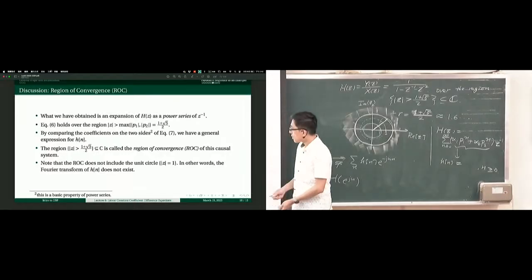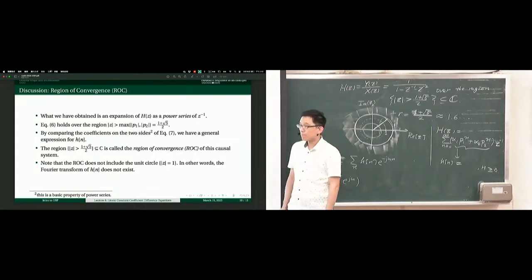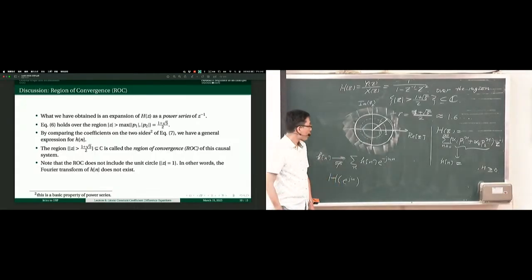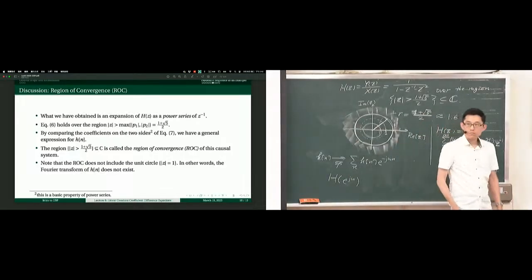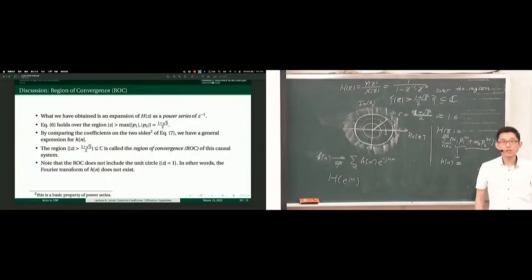If the ROC does not include the unit circle, that means what? That means the Z transform of h of n cannot be evaluated on the unit circle. That's the implication. It doesn't converge, right? It's outside. It's not in the region of convergence.